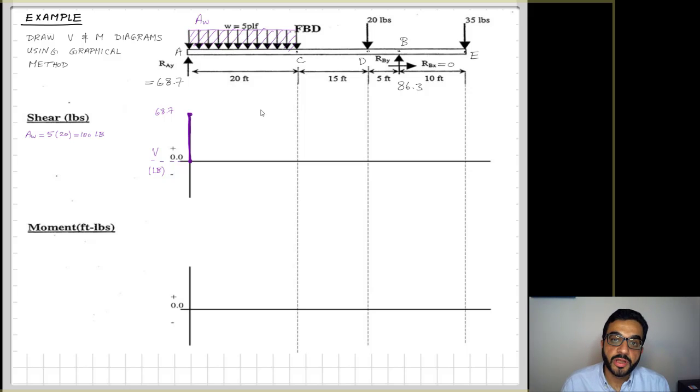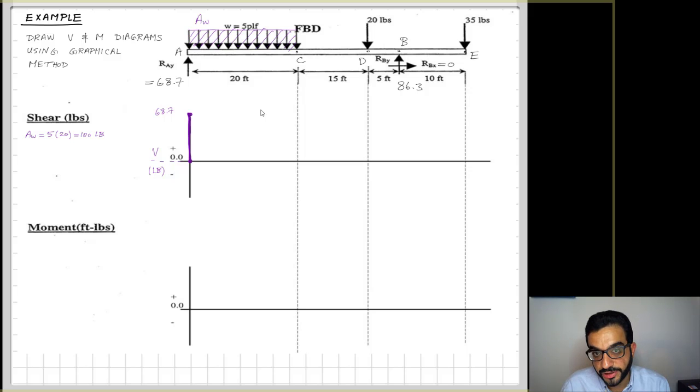Between A and C, I want to calculate the difference in shear, so I can use the area under the load curve. I have a distributed load here, so I can calculate this area, AW, which is equal to WL. It's a uniformly distributed load, just the area of this rectangle. So it's 5 PLF times 20 feet, that's 100 pounds.